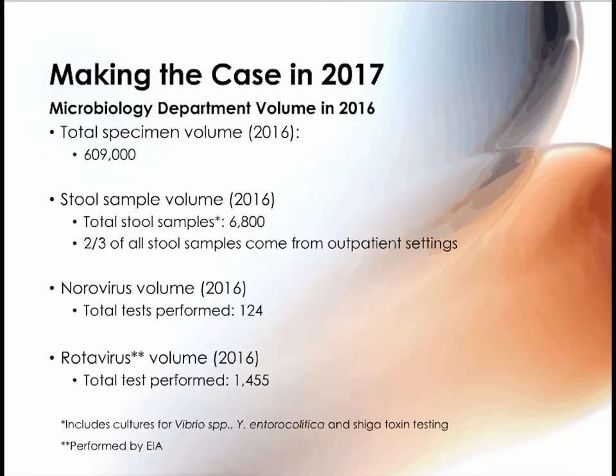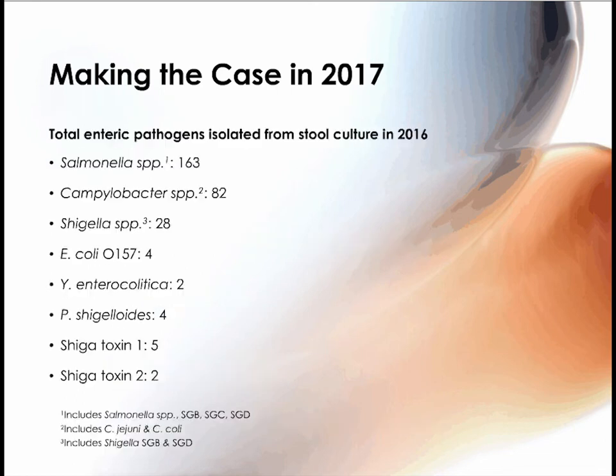We based it on the total volume in the department for the different assays or organisms that we were planning to screen from a stool sample, including norovirus and rotavirus. In the next slide, we can see the total number of organisms.